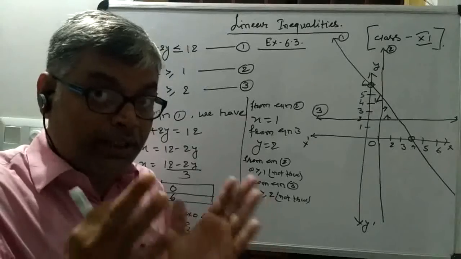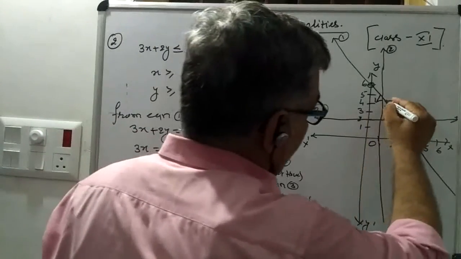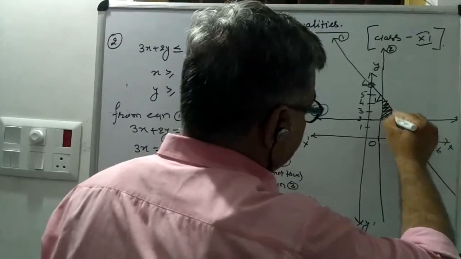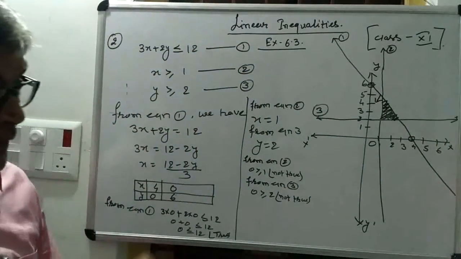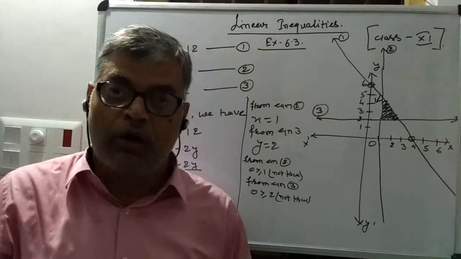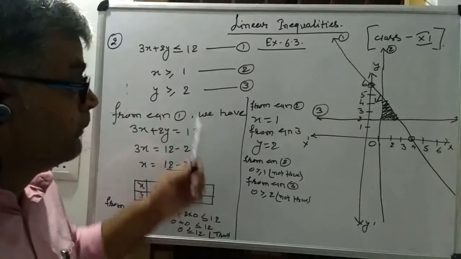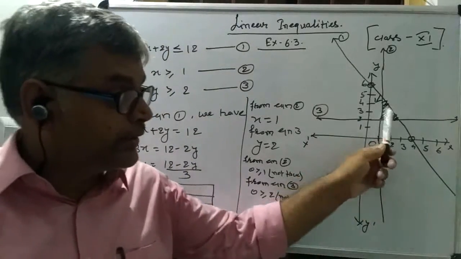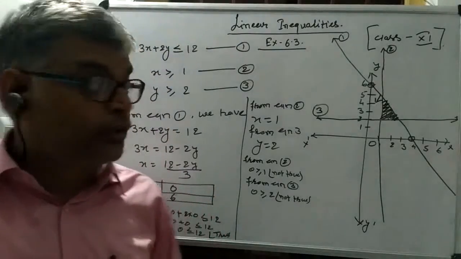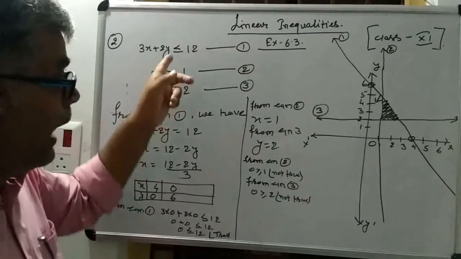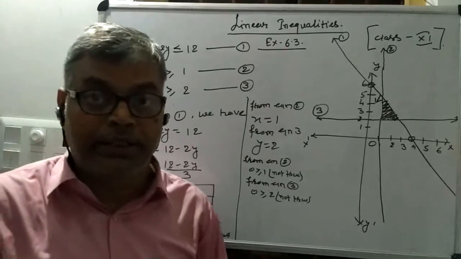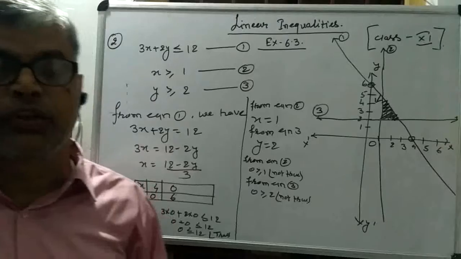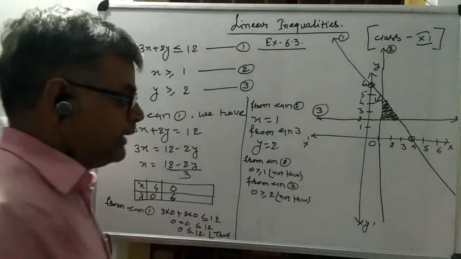So what do we get common between them? We get the common area is this one. So only this shaded part represents the solution of these inequalities. For all three inequalities, the points lying in the shaded region are the solution, and since it is a simple inequality, the points lying on these lines also will be the solution.